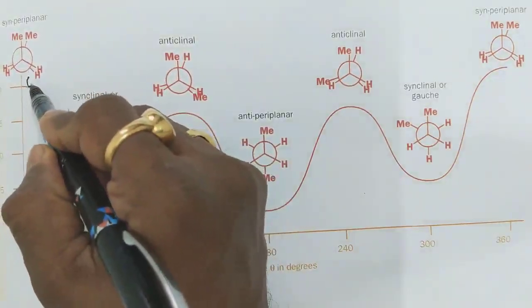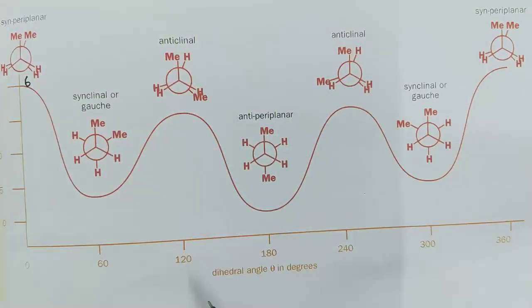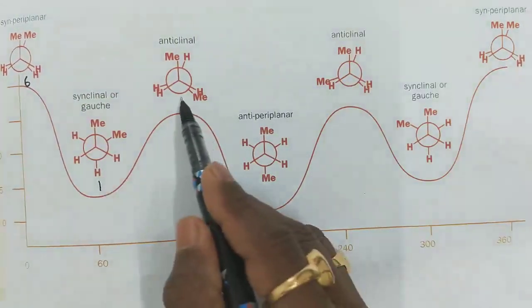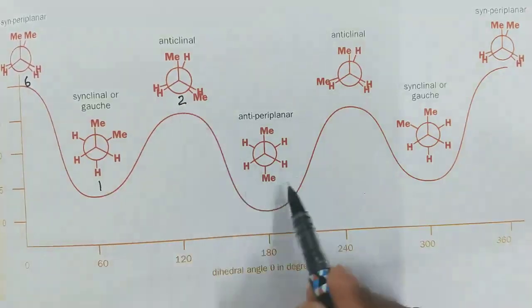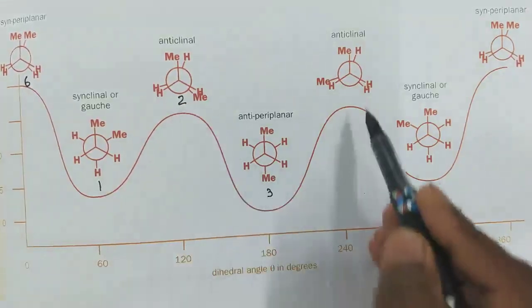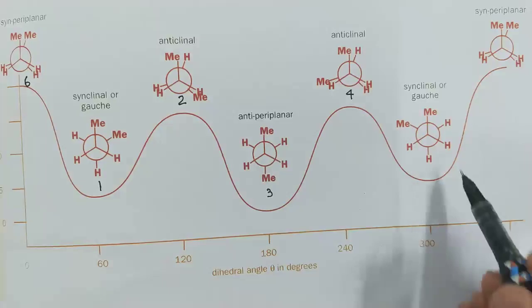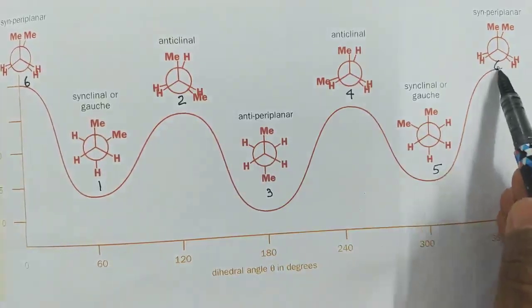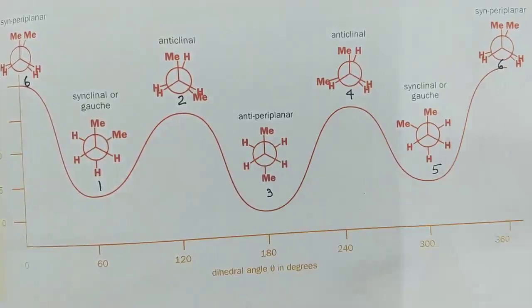See, this is structure number 6 as per our notebook. This is structure number 1, this is structure number 2, this is 3, this is 4, this is 5, and this is again 6. See, the energy of this molecule, structure number 3, which is known as anti-periplanar.